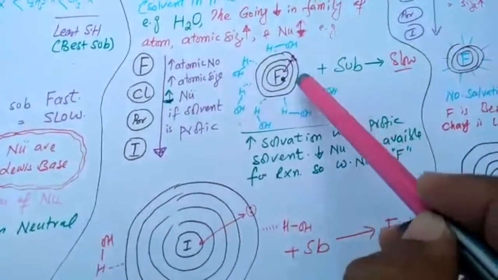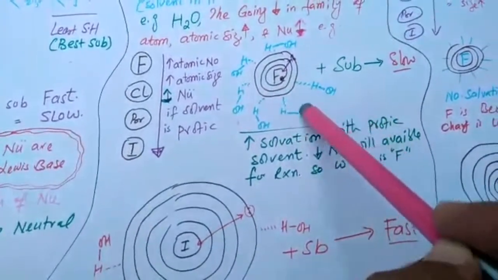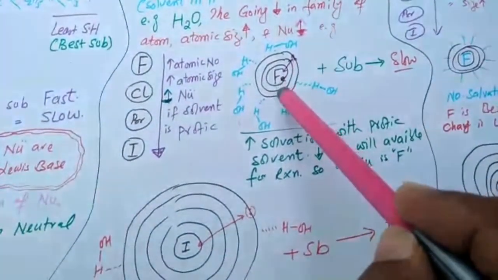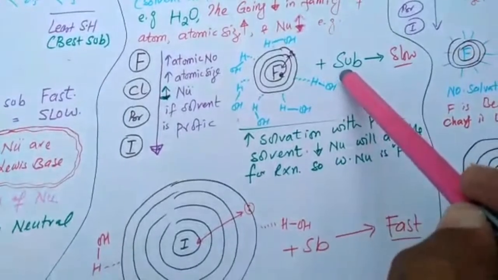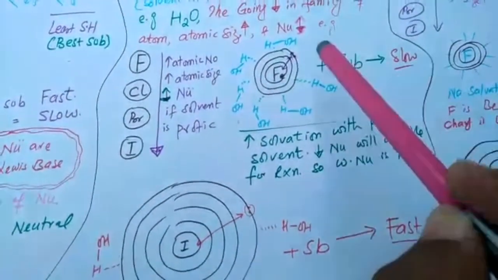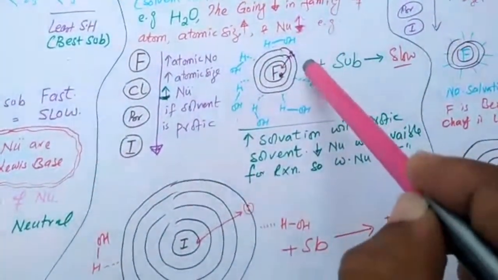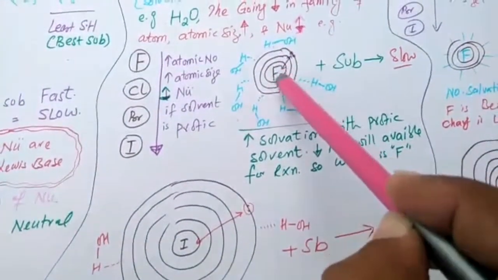Once the fluorine is solvated by the solvent, the fluorine is not available in much concentration to react with the substrate. So the reaction will be slow and the product will be minimal. This fluorine is heavily solvated because it is more electronegative and the size is very small.